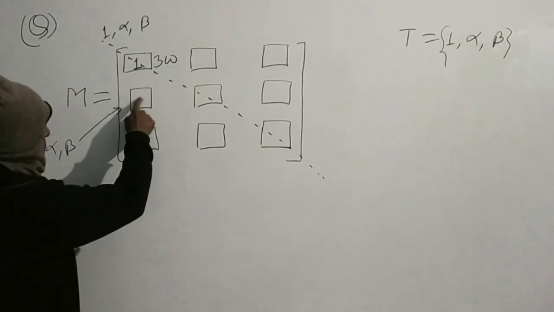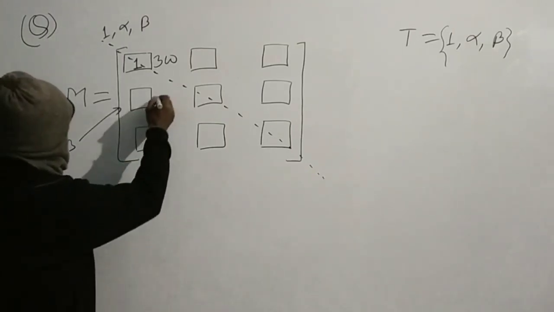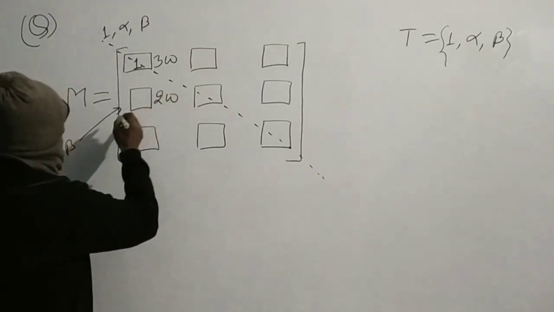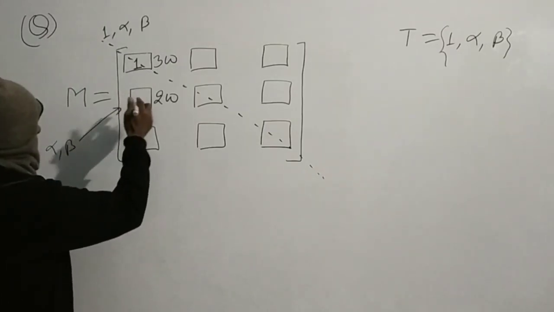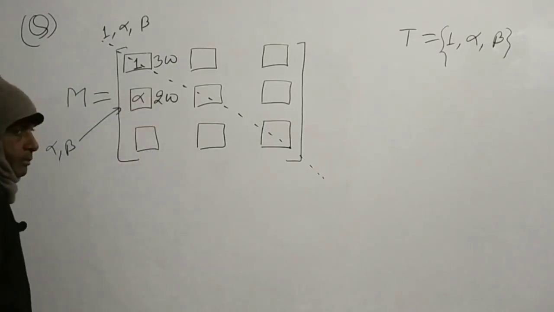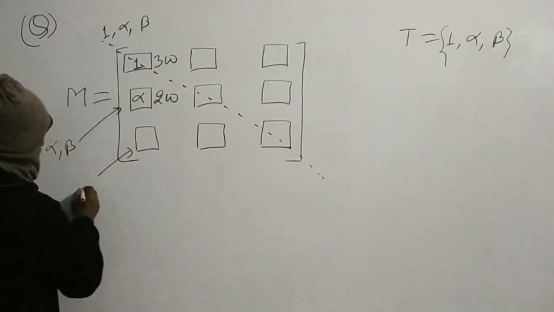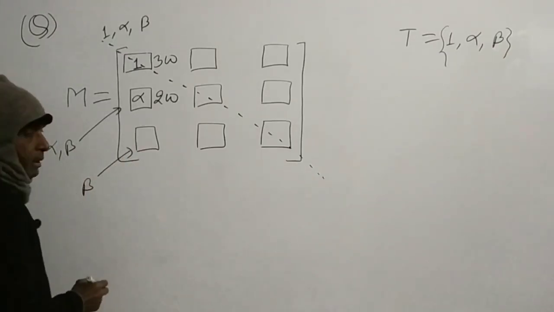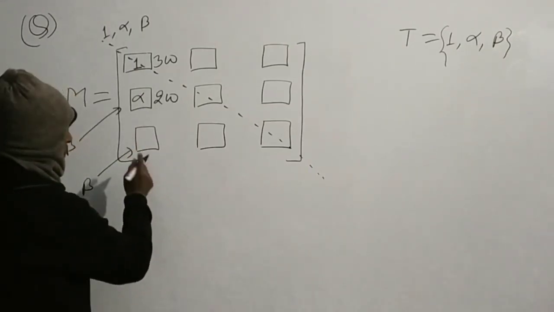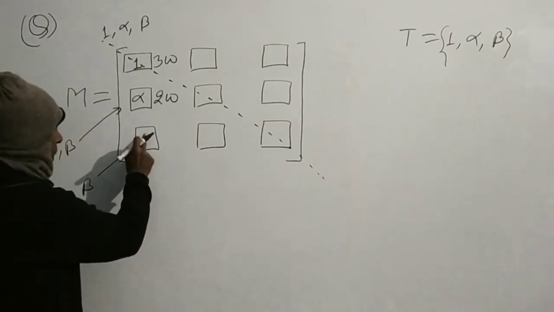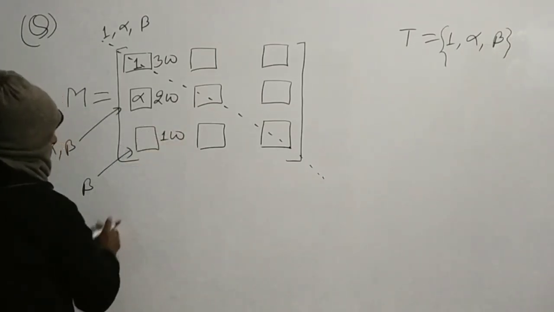Therefore, the number of ways to fill this vacant place is 2 ways. Suppose we fill this vacant place by alpha. Now there is 1 element left, beta, that can be filled in this vacant place. Therefore, the number of ways is 1, by beta.